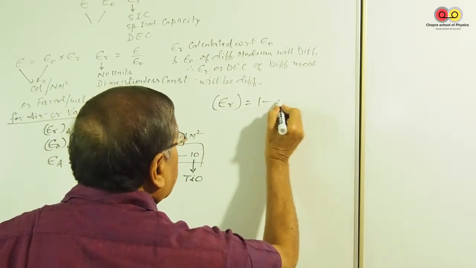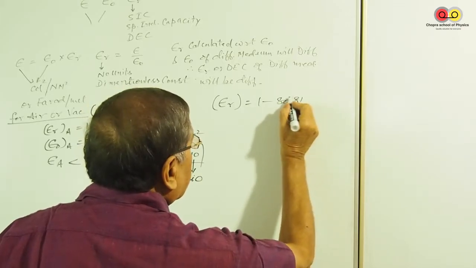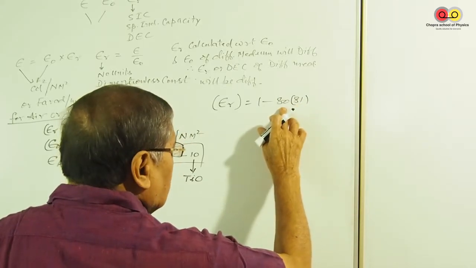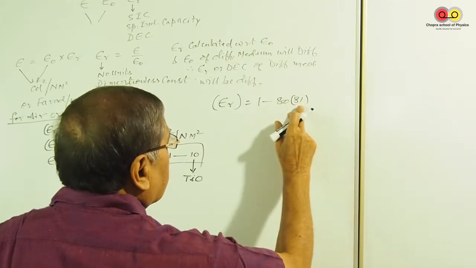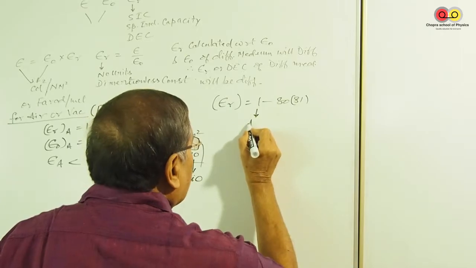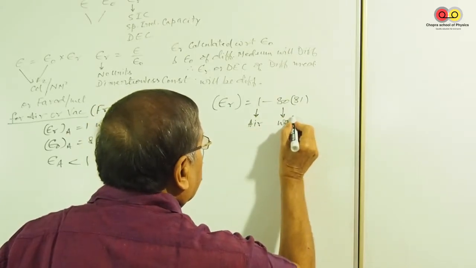Now the point to remember, dielectric constant varies from 1 to 80 or 81 at the most. Maximum 81, or as a whole number it should be 80. So 1 to 80 or at the most up to 81. 1 stands for air and 80 stands for water.